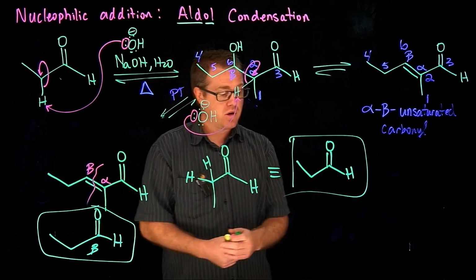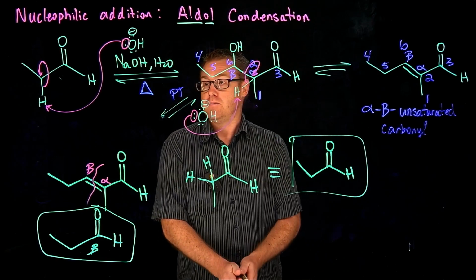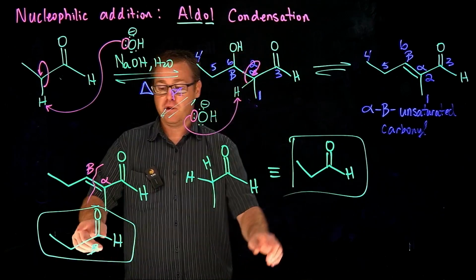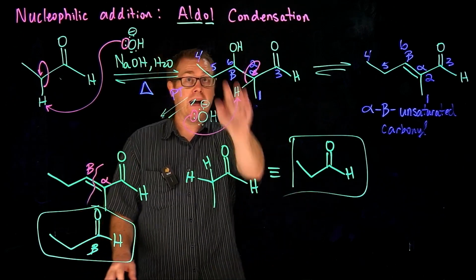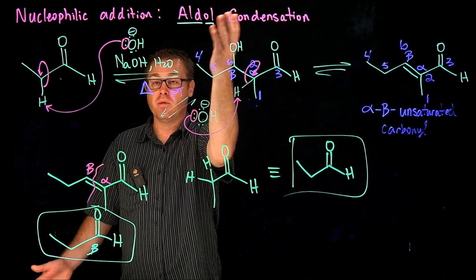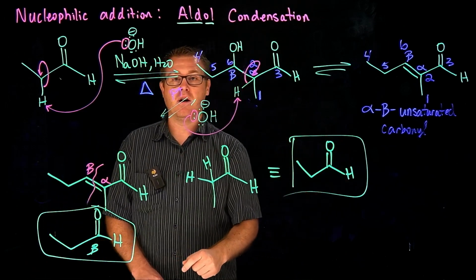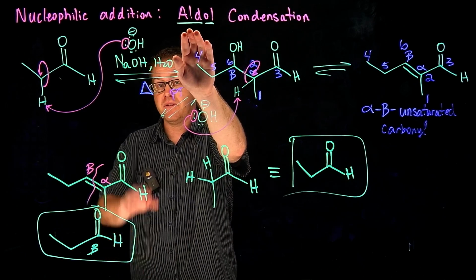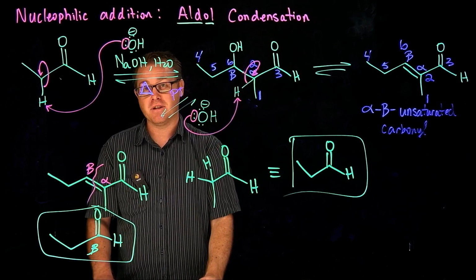So that discussion is for another video. But when your 2 starting materials are the same, that's just a normal aldol condensation. Or if there's no heat, that's just a normal aldol reaction. But when they're different, it would be called a crossed aldol if there's no heat. And if there is heat, it would be a crossed aldol condensation.